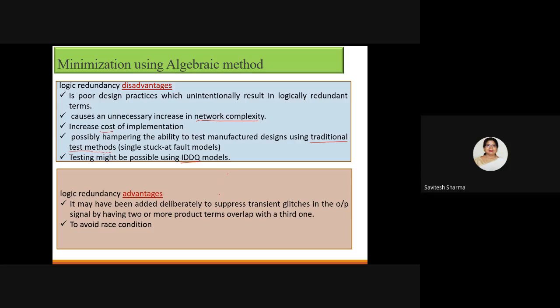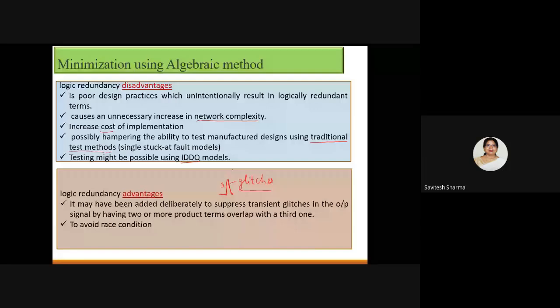At the time of transition of various input signals, if glitches are present, you want to suppress them. These glitches are unintentional fluctuations in the signal. You can suppress these glitches by introducing a redundant circuit. So if this type of problem is there, then you will use a redundant term.